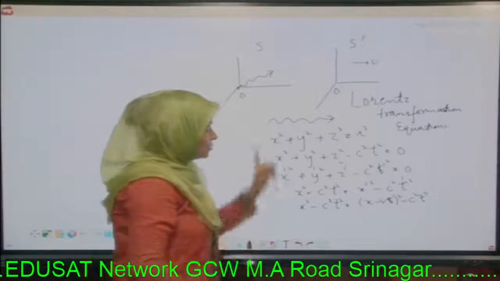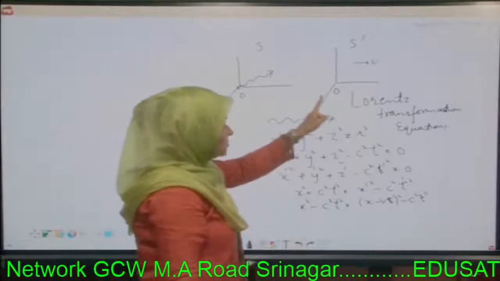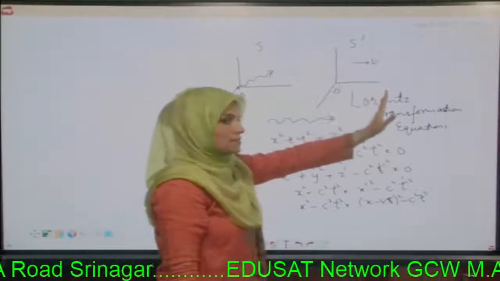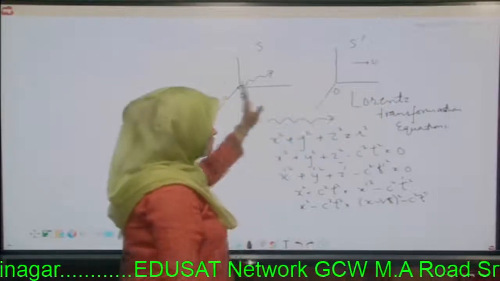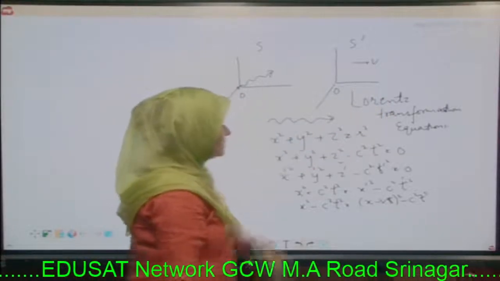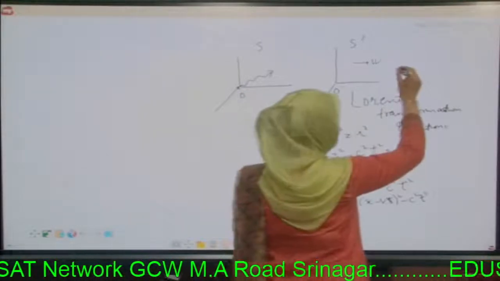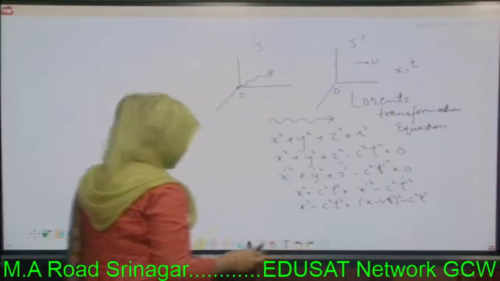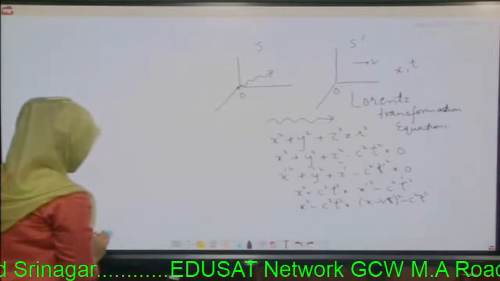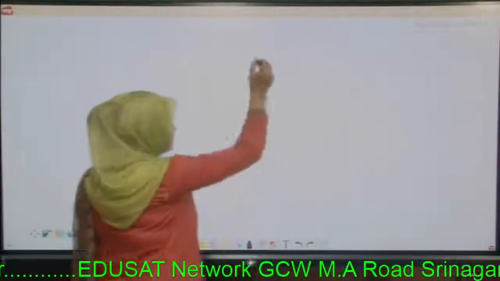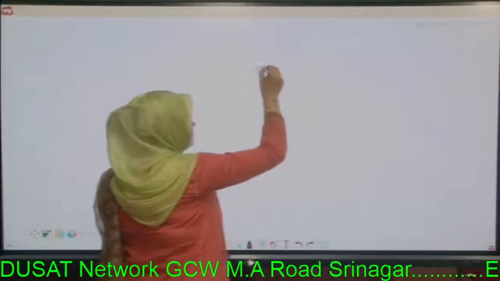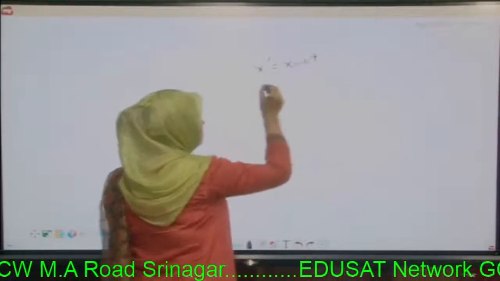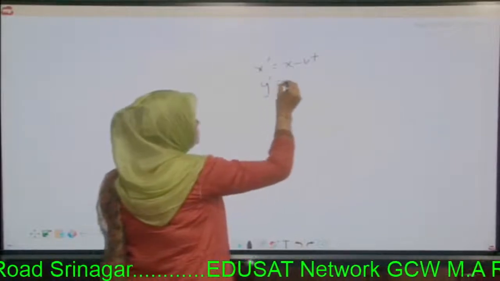We have chosen two reference frames, remember, in which the motion of one frame with respect to another is only along the x-axis. So, we have to relate one frame with respect to another not only in terms of x but also in terms of t. The other assumptions, let's move to next page. See, the other assumptions like this kind of x minus vt, try to understand what I want to convey.